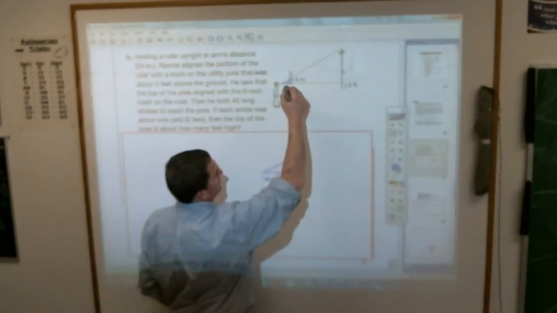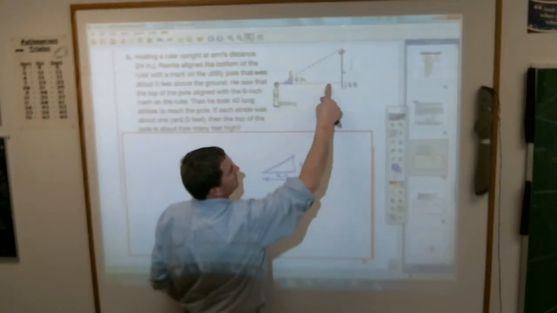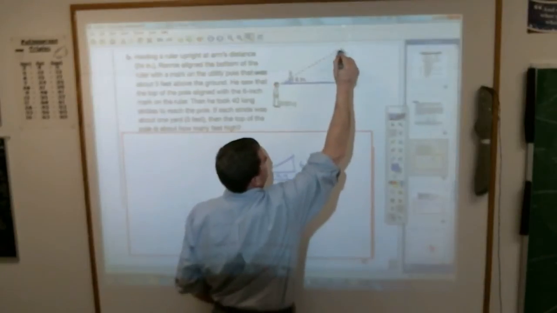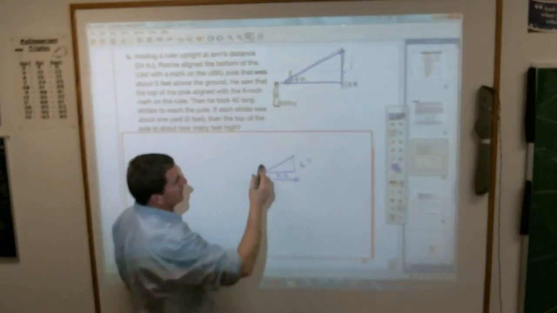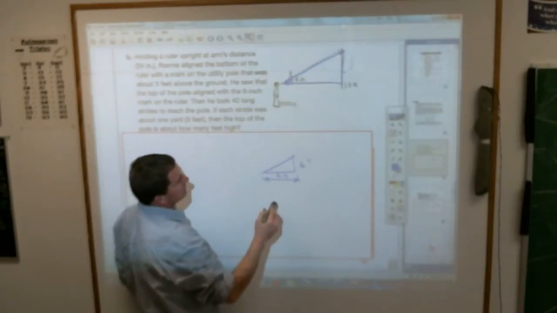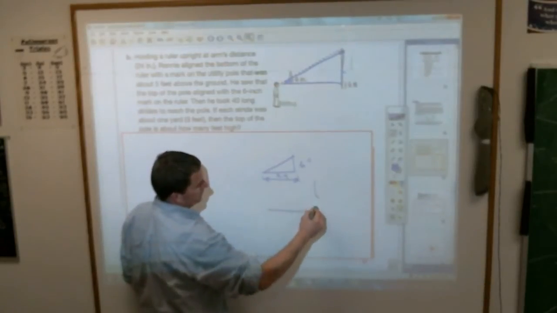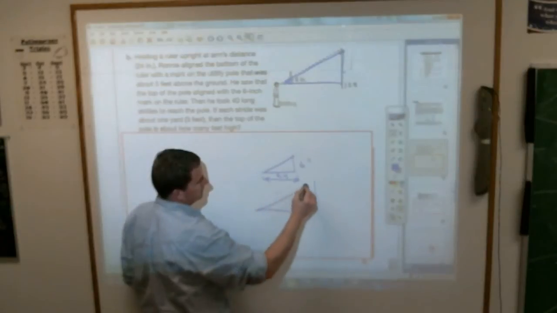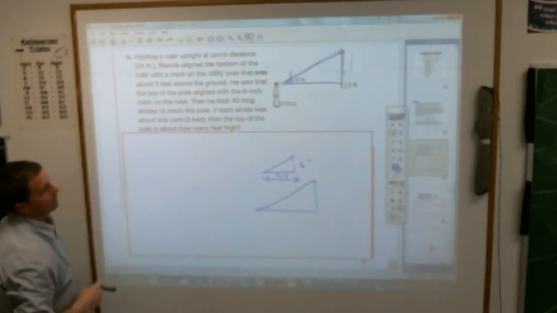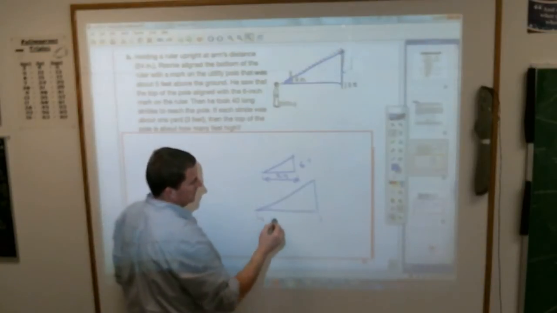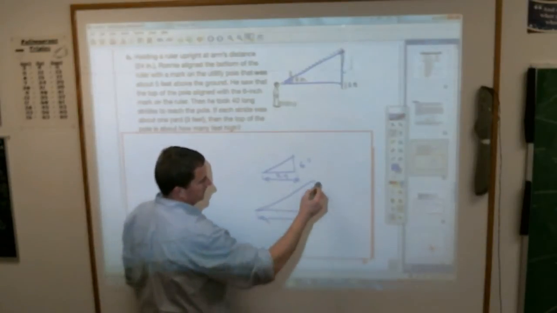The big triangle actually incorporates the little triangle. Let's draw it. Here's my big triangle. I need at least one of these two dimensions to be able to figure out the other one.